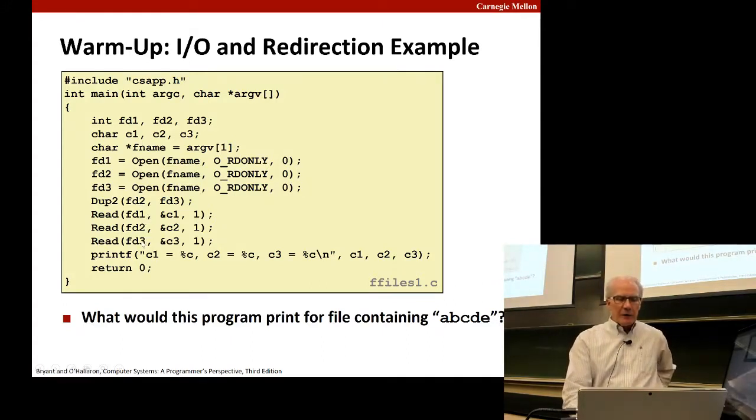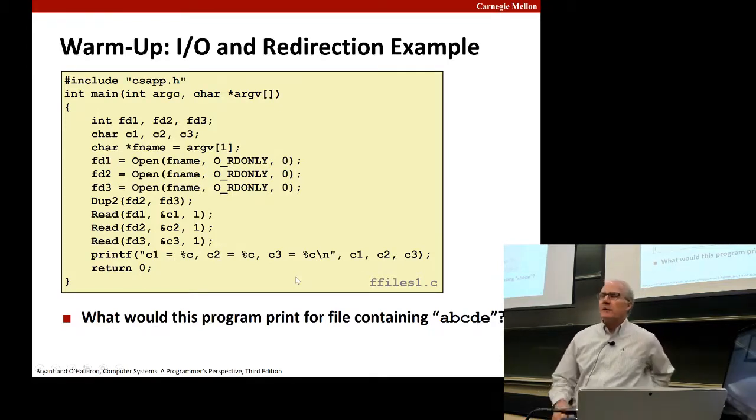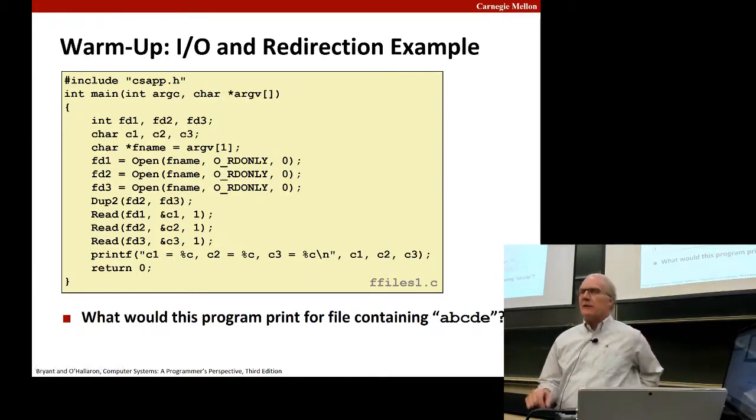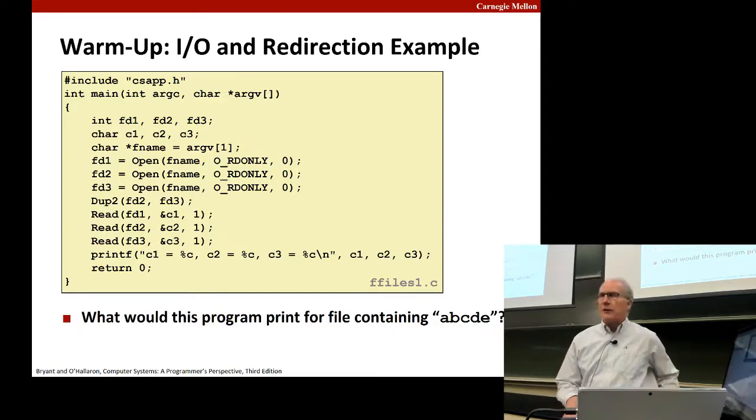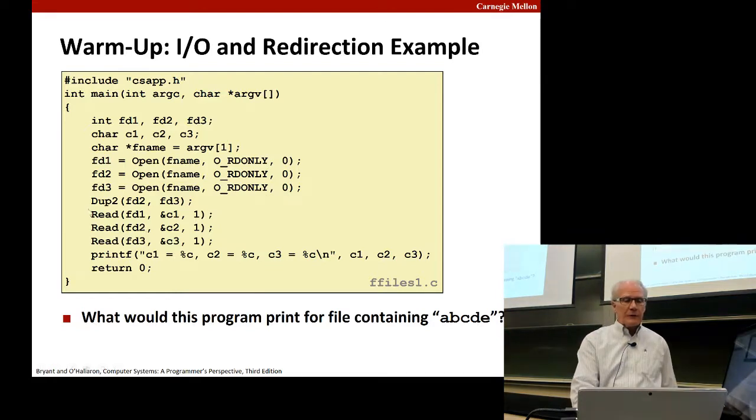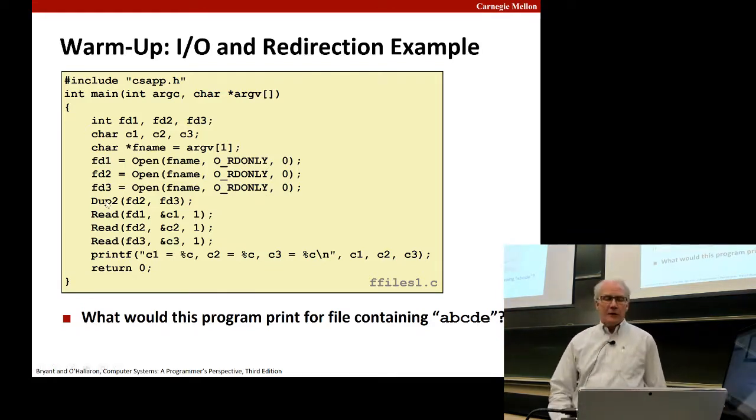Now I'm going to read characters from these three file descriptors and print them out. The question is, and assume the file just contains the string A, B, C, D, E, what will be printed? Any guesses? So, for example, what if this dup2 were not there? What would happen?